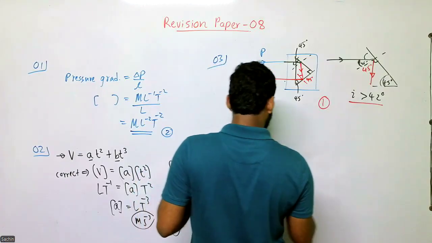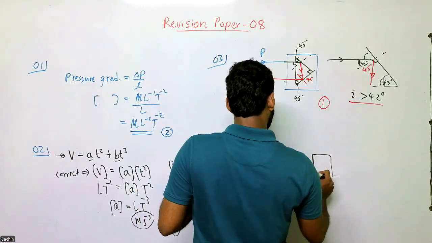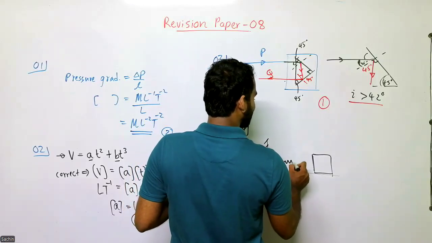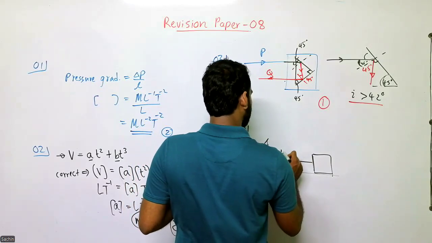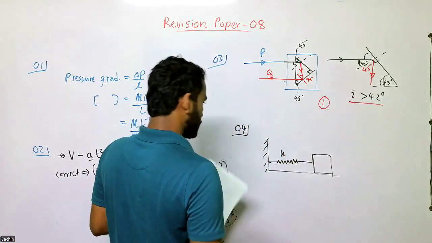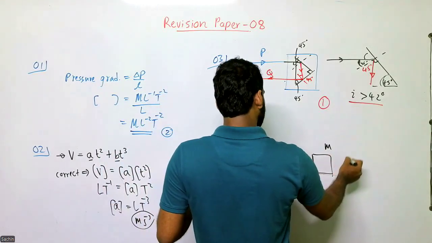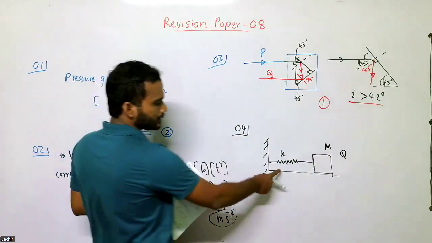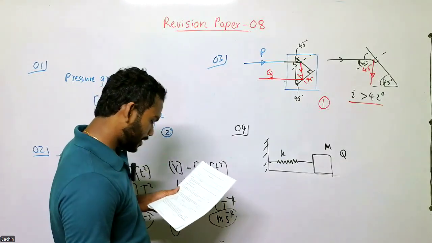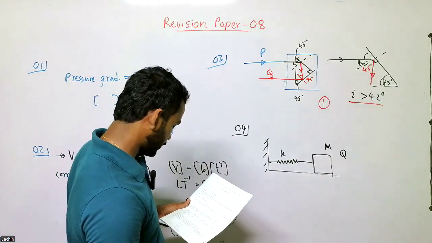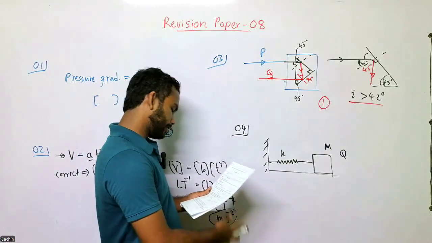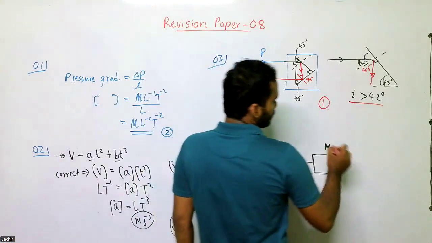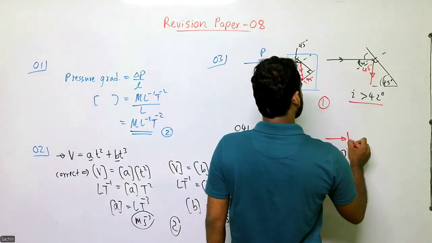So there is an object with mass M, kept stationary with an initially unstretched spring of constant K. And this mass has a charge Q, that is also mentioned. This is unstretched. Then a horizontal electric field E directed to the right is switched on.